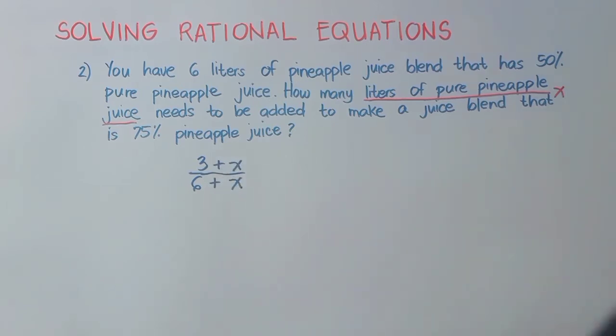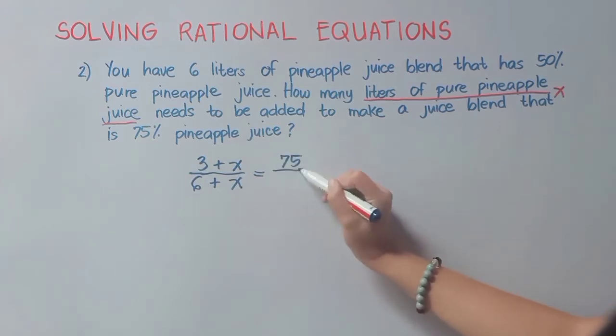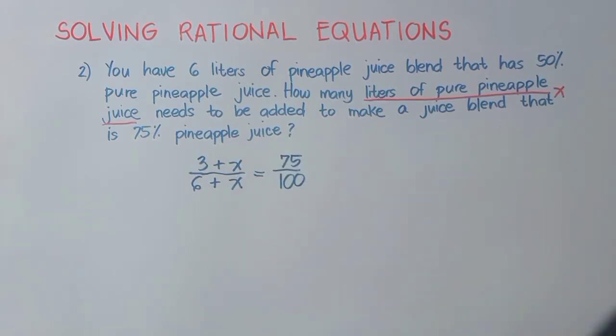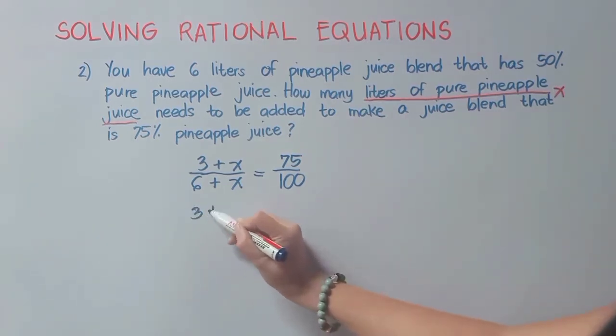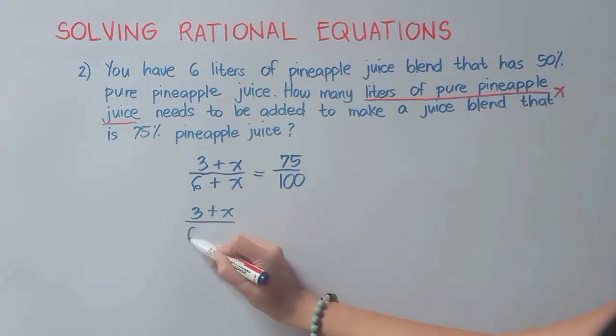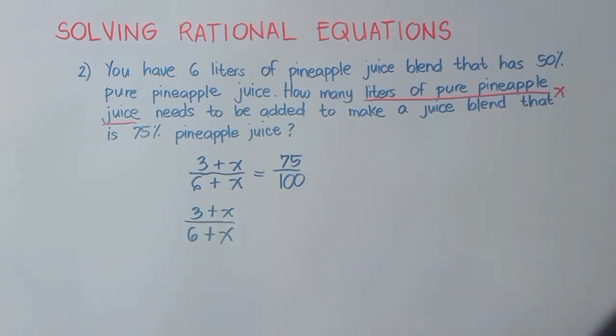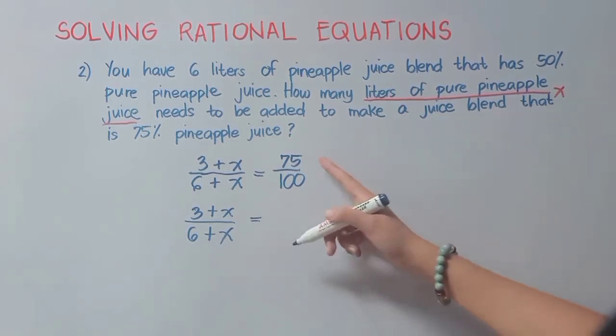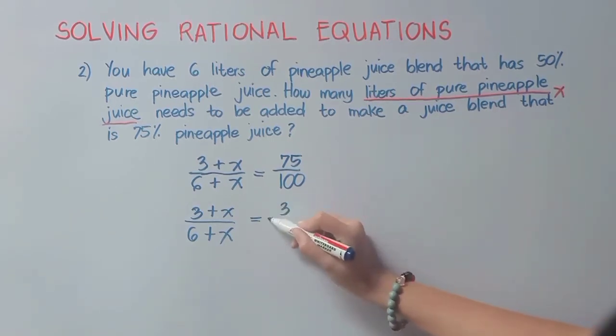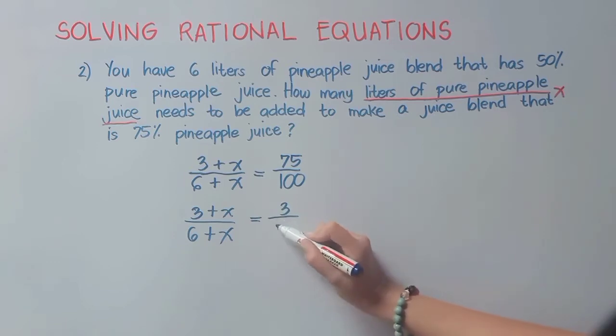The result will increase the concentration to 75%, which is 75 out of 100. Since the right side can still be simplified, we will just copy the left side here, and then our common factor is 25. So 75 divided by 25 is 3 and 100 divided by 25 is 4.